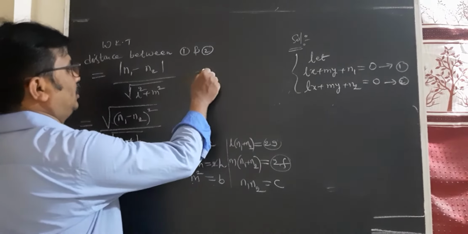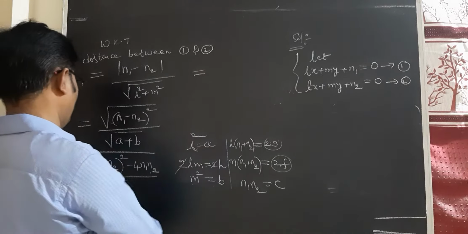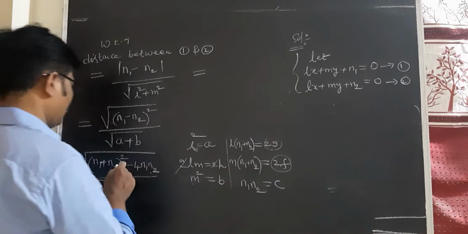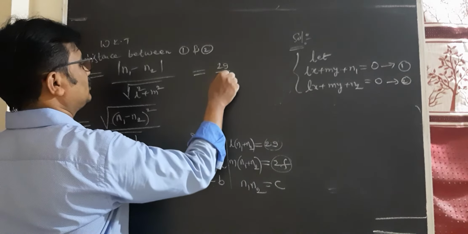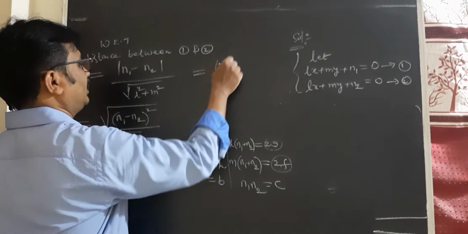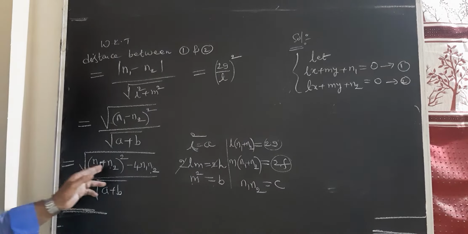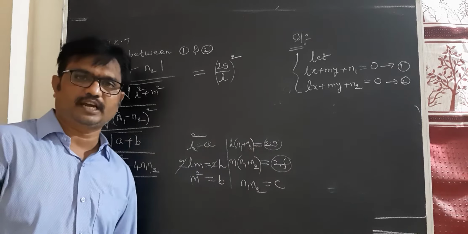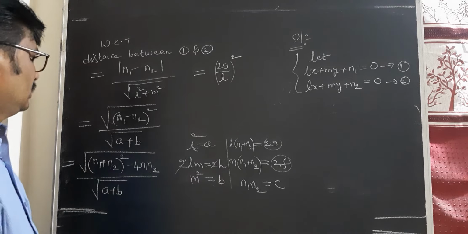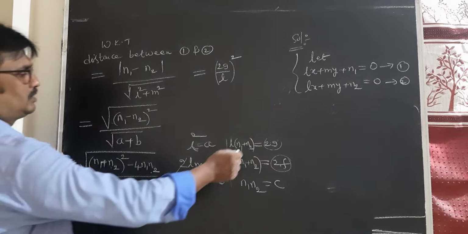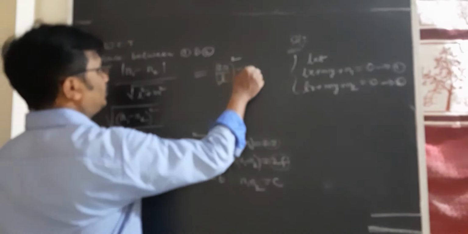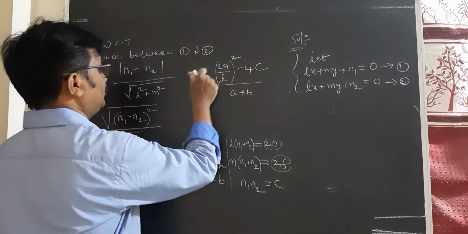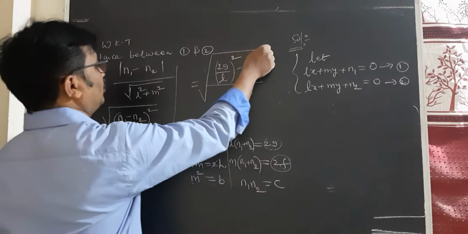Dear students, now we are substituting n1 plus n2, which is 2g by L, whole square. So definitely, when you take n1 plus n2 as 2f by m, we get the second one. Right now we saw the first one. So n1 plus n2 is 2g by L, and n1 n2 is c by a, under the whole root.